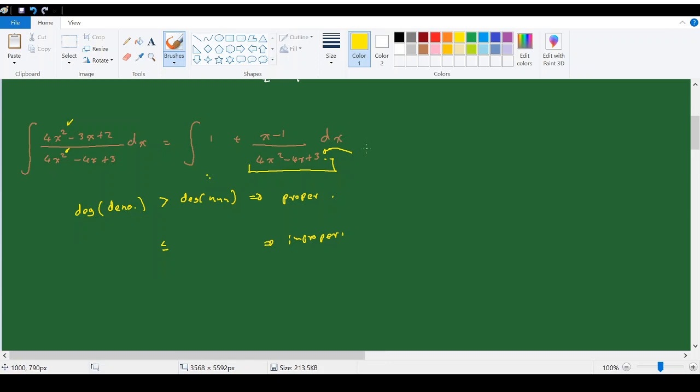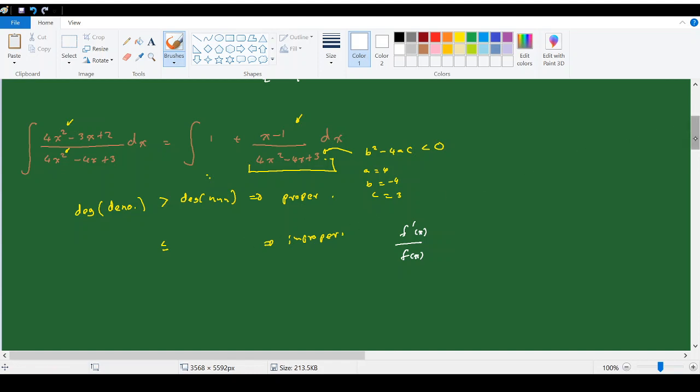You can see the b squared minus 4ac term here, where a is equal to 4, b is equal to minus 4, c is equal to 3. This term is less than 0. That means this is an irreducible quadratic term. Okay, so we cannot find any further partial fractions for this one. And on the other hand, this is not of the format f prime over f(x). Okay, so what should we do for this term?